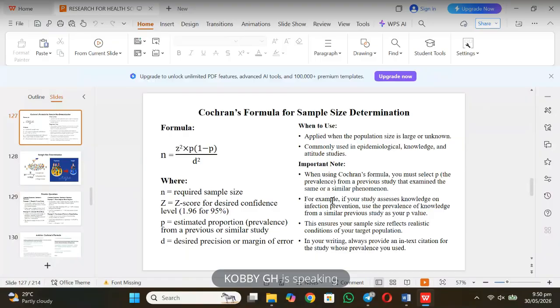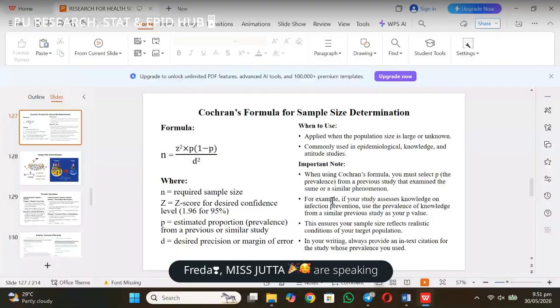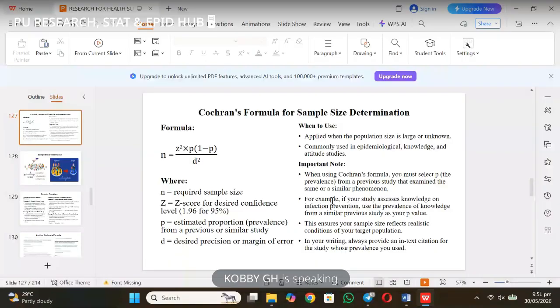So how are you going to go about it? So N will be equal to what? What will be the Z? 2.33. Good. So it will be 2.33, close the bracket, squared, multiplied by the P. What's the P? 0.75.